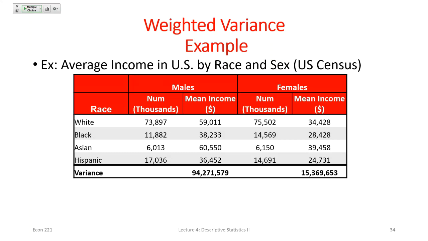Yeah. So sorry, but what is the variance representing? For unweighted variance, like the ones we were talking about before, a good way to think about it is it's measuring the average deviation from the mean across every observation.